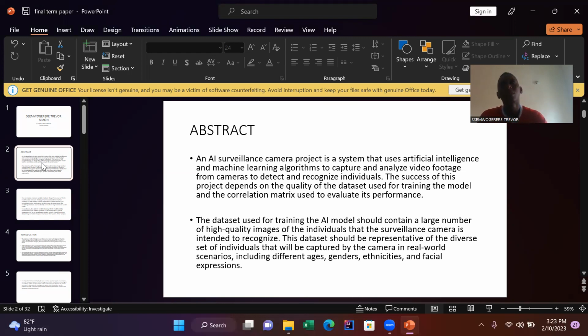Let me say your workers, and you have a data set of your workers. These workers can be recognized: this is Trevor, this is Simon. So that doors can be opened for them, or even for security purposes. So that's all about the whole thing.